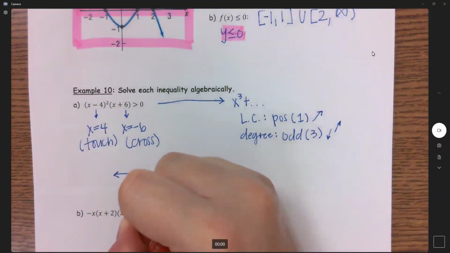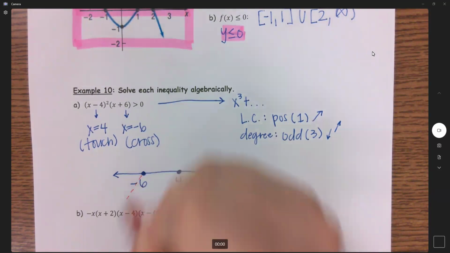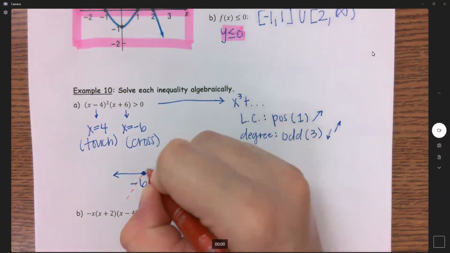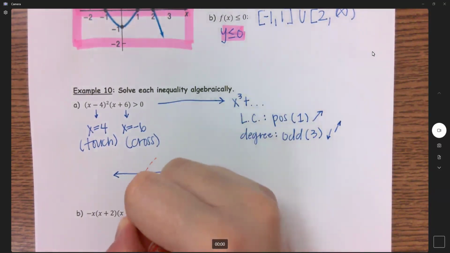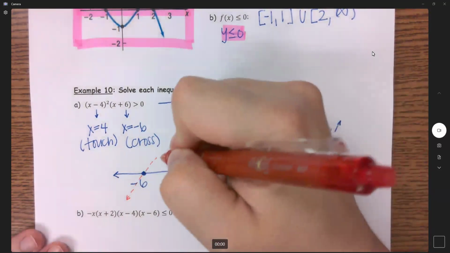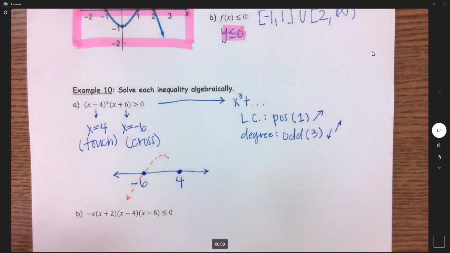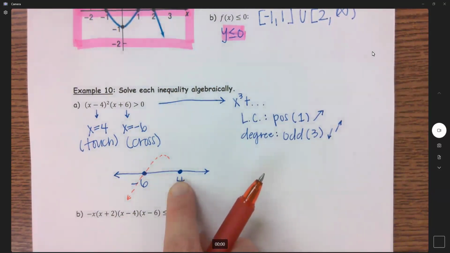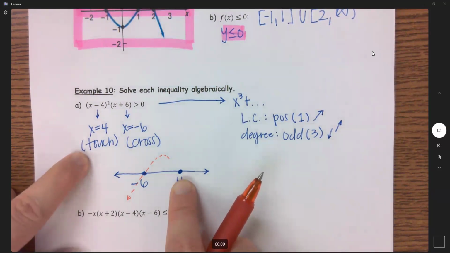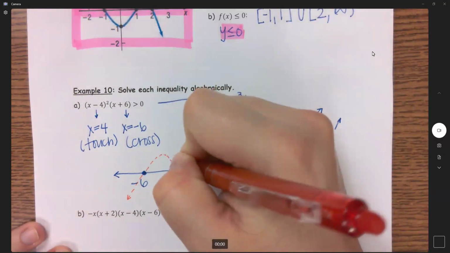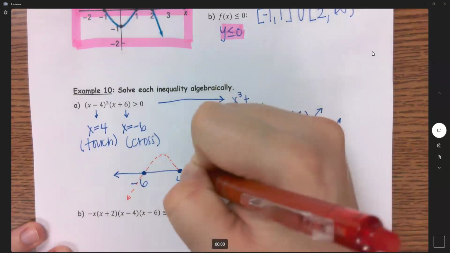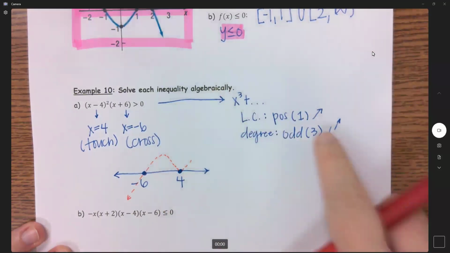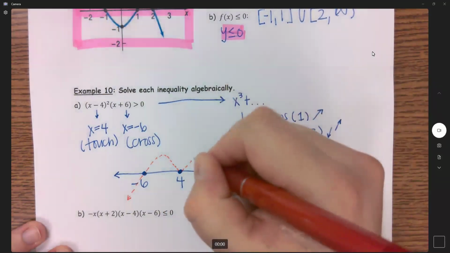It's going to hit at -6 and cross through. And then it's going to turn around somewhere. I don't know how high it goes up, but it's going to turn around and come down to this x-intercept here. At this x-intercept, it is going to touch. So we're going to touch at 4 and then turn and bounce back and then end going up.